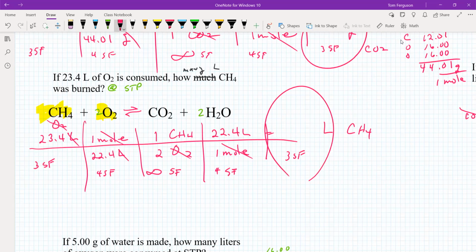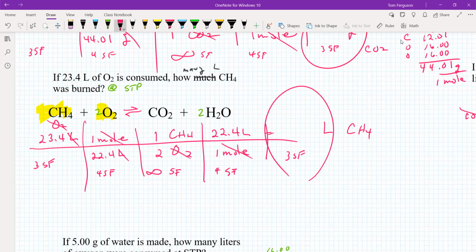Again, it's molar relationships. It's moles, moles, moles, moles. Now our next unit, unit 3, we're going to be talking about liters in solution. And guess what? Moles per liter, liters per mole.